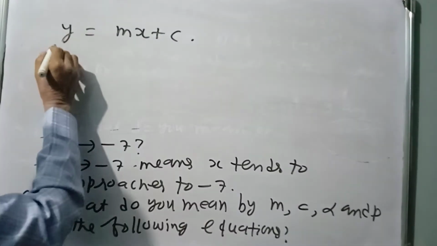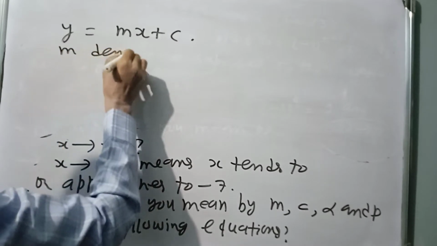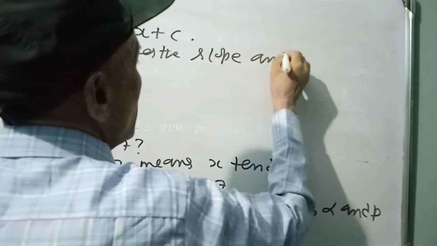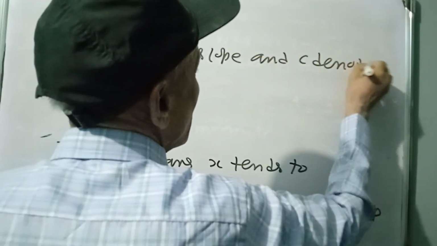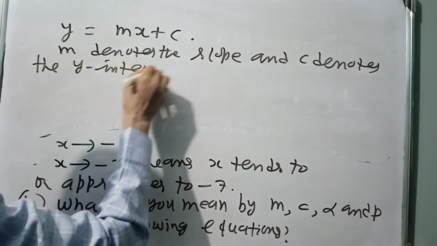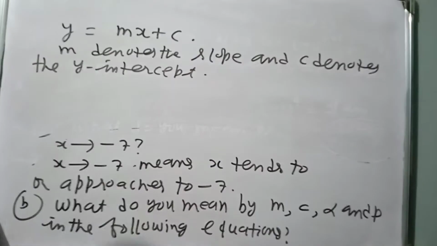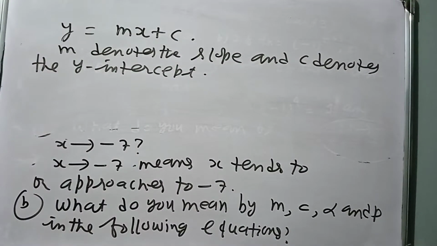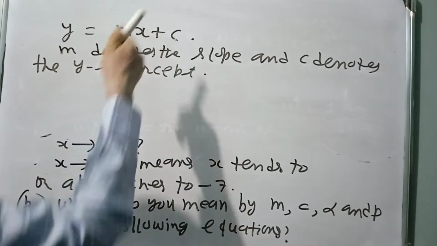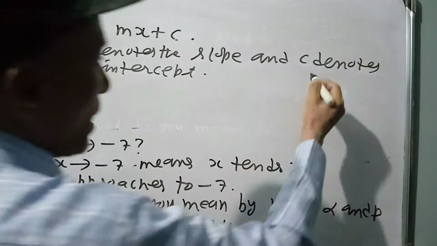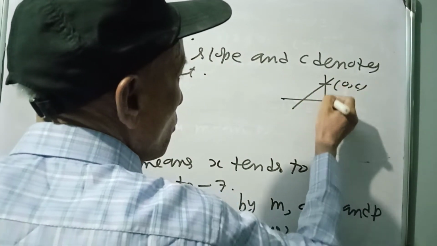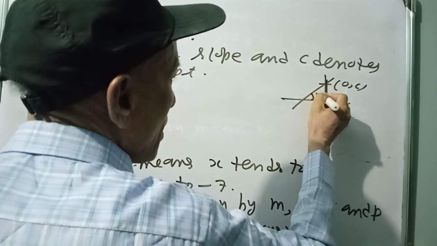Here m denotes the slope and c denotes the y-intercept. In y equal mx plus c, it is the slope-intercept form. xy point, m slope, c y-intercept, just like this. 0, c, y-intercept, slope is m.